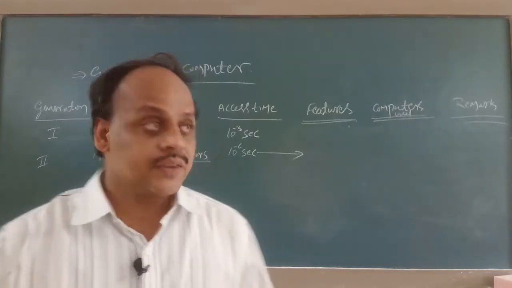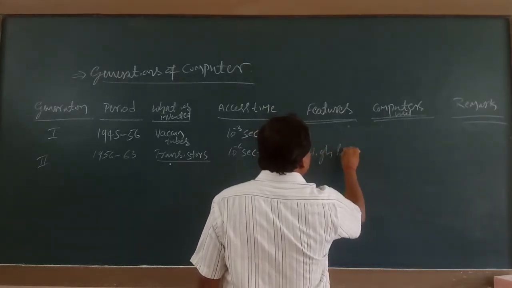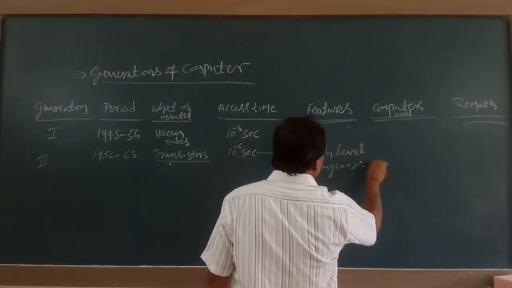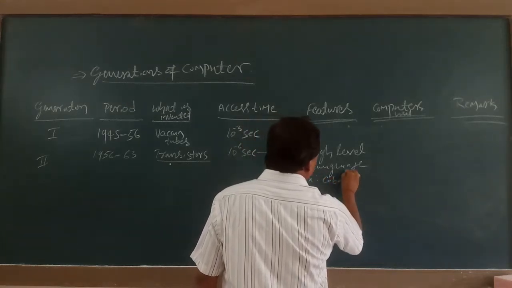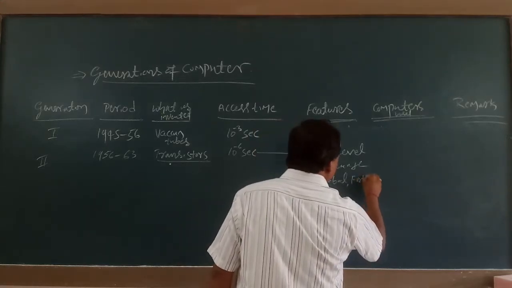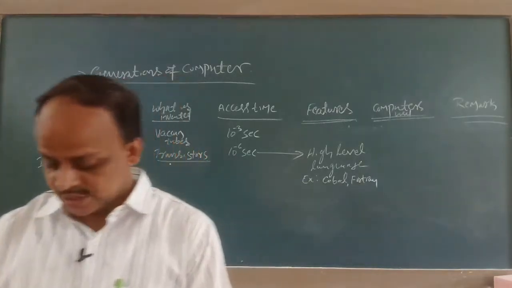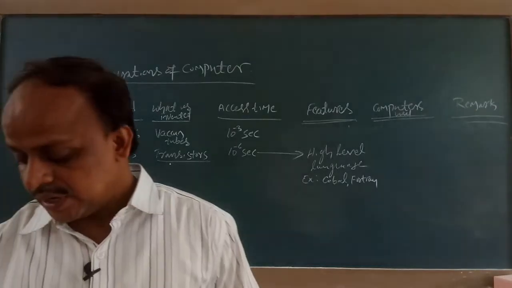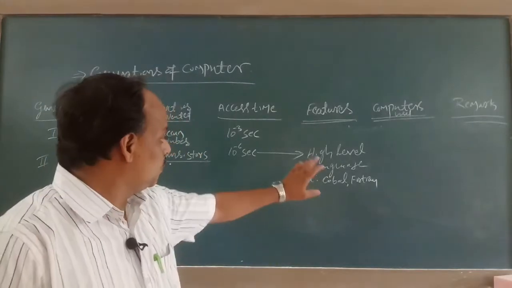High level language, main thing is here high level language. For example, initially COBOL, Fortran are used in the second generation, and the systems were faster, cheaper, smaller in size and had more memory compared to first generation.